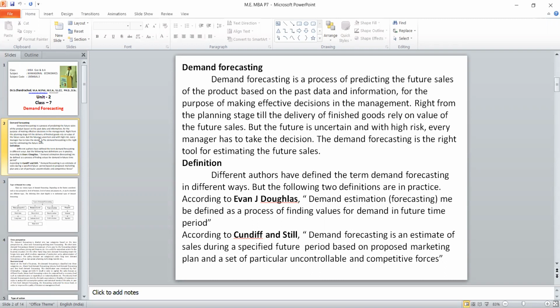So these 5 categories must be included whenever you are estimating future sales. That is why Kandip still rightly pointed out it is an estimation of future sales for the proposed marketing plan, with the uncontrollable and competitive forces.